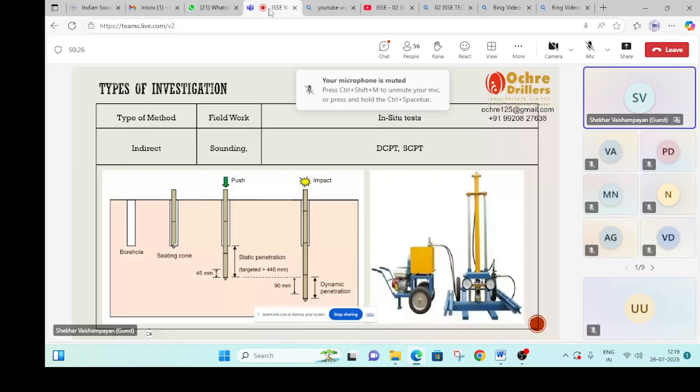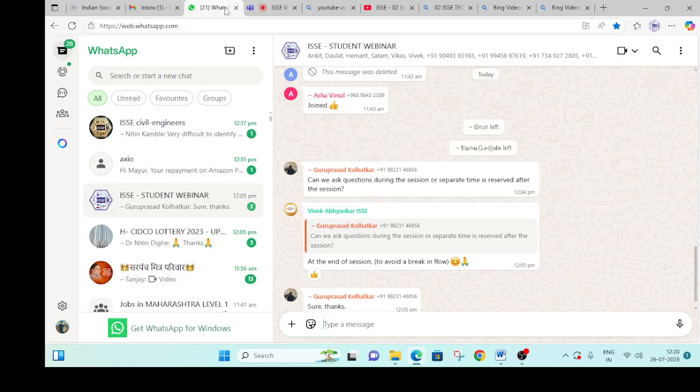The sitting cone has certain dimensions and a certain angle of taper, and you push this down into the soil. The resistance encountered by this cone while pushing it down under hydraulic pressure is measured on the gauges and recorded. For every 10 centimeters or 100 mm, you go on measuring the resistance and adding. So this gives you a continuous profile of the shear strength of the soil.